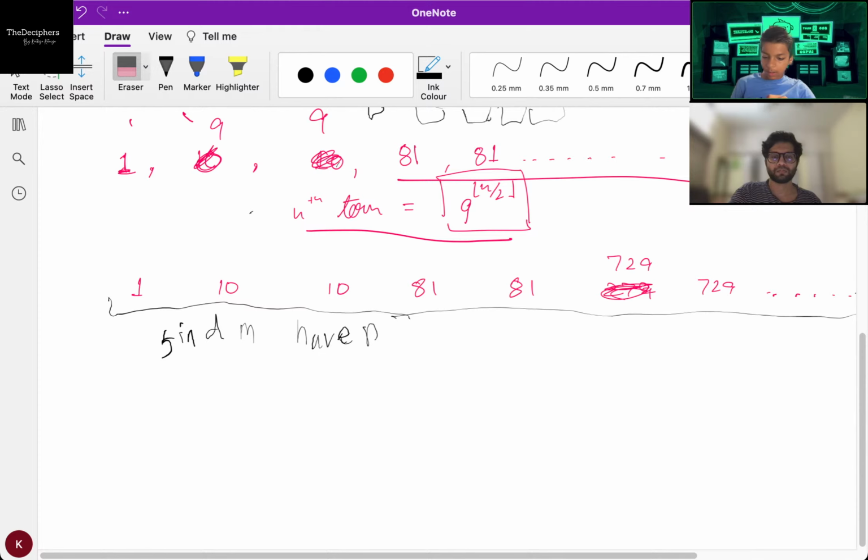So we need to work out up to that. If we have found out it has this many digits, so we can also reduce n also, right?